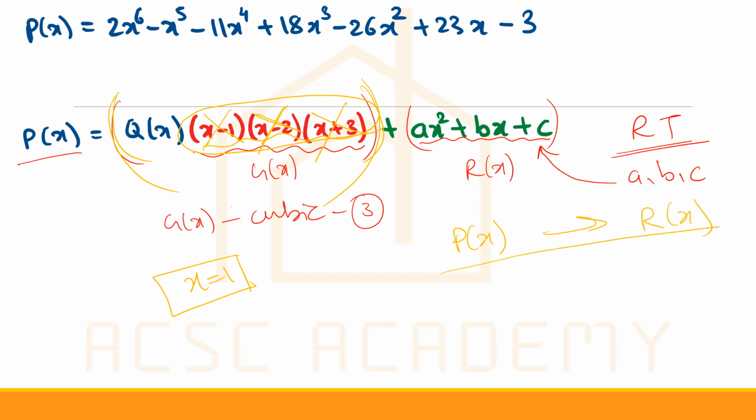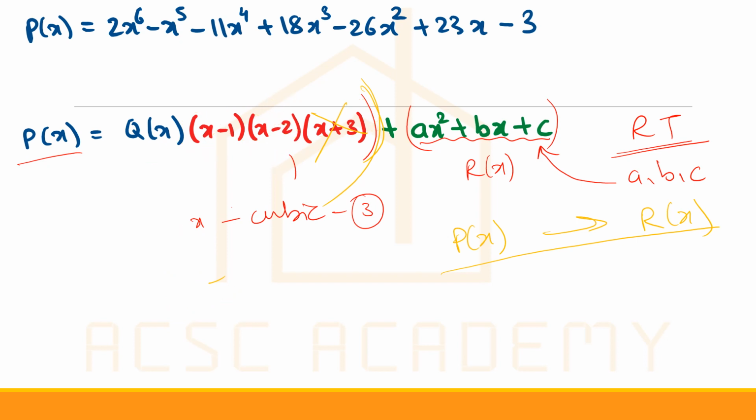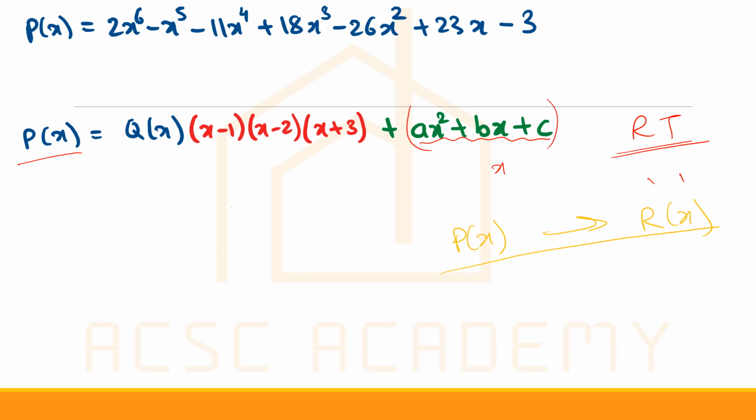That will help us find out the actual values by arriving at the simultaneous equations. So let us see how that can be done. One by one, we will be substituting the values of x and getting the simultaneous equations. So let us begin with substituting x equal to 1.